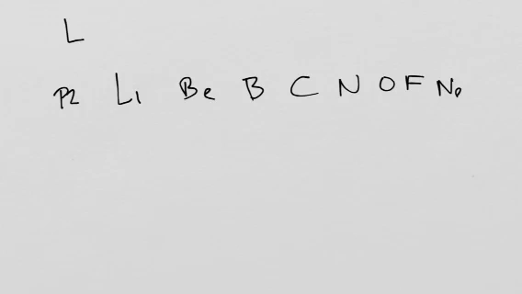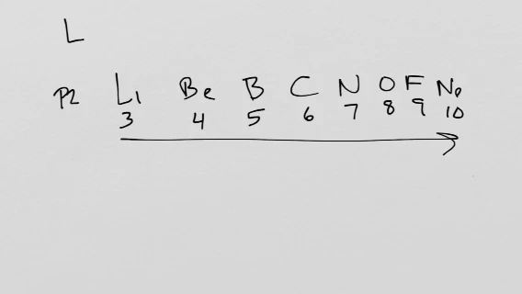Lithium has 3 electrons, or an atomic number of 3, then 4, 5, 6, 7, 8, 9, and 10. We'll call this the atomic number. We know that it gets bigger as it goes from the left side to the right side. However, the size of the atom gets smaller, even though more particles are found in the atom.